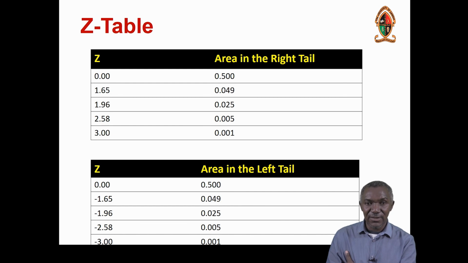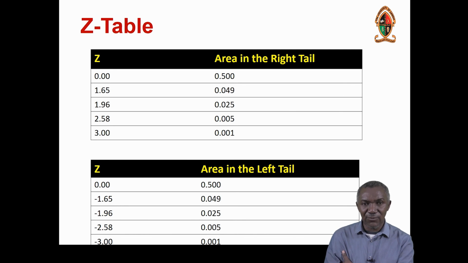And then similarly, now we are looking at the left of the curve: if the Z-score is 0, the area to the left is 0.5. If it's minus 1, the area to the left is like that, and you find this observation. So this particular Z-score is looking at half the area, not the entire graph.